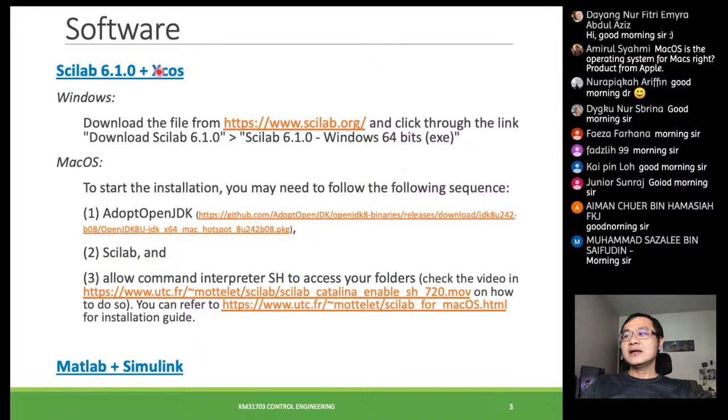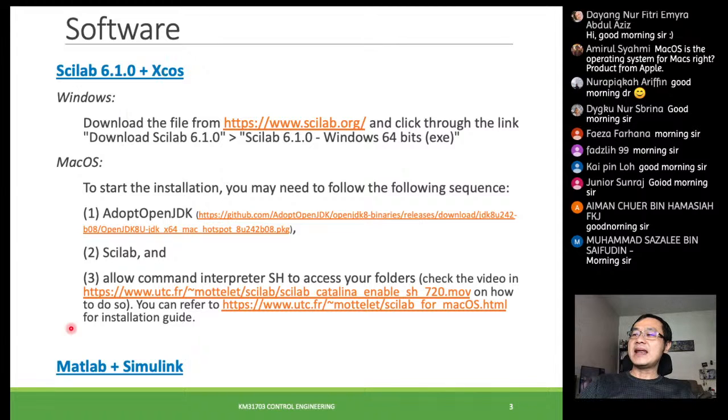use this one. Whereas if you have a student version, or you can access MATLAB through remote desktop to the university's server, then you are welcome to use MATLAB plus Simulink, right? The features and the functions are similar.